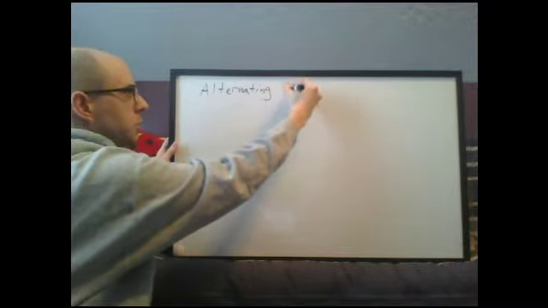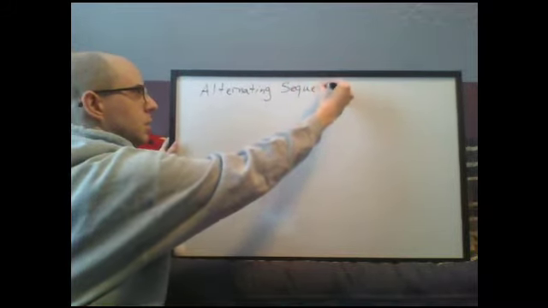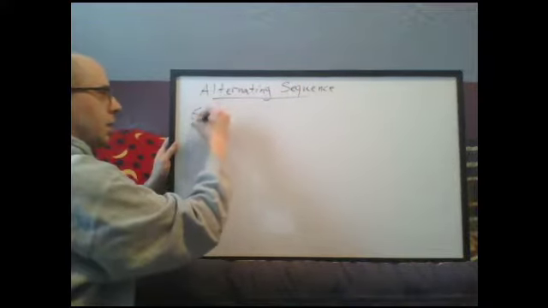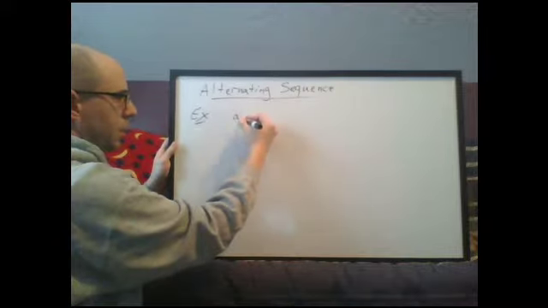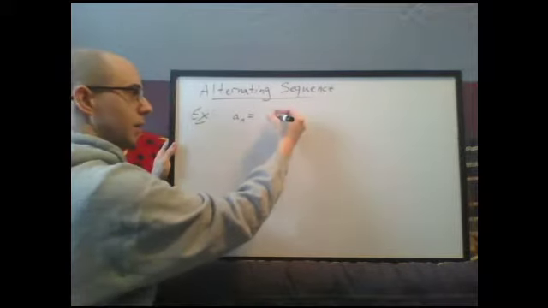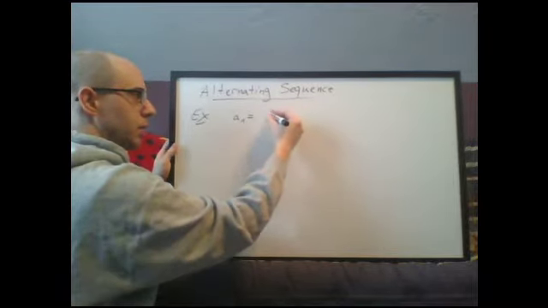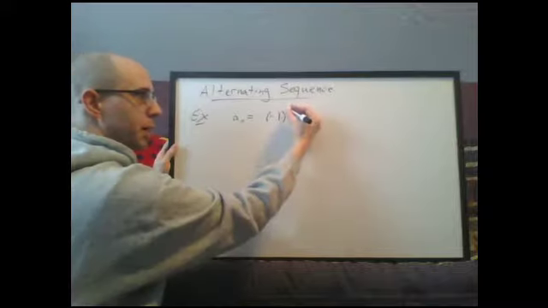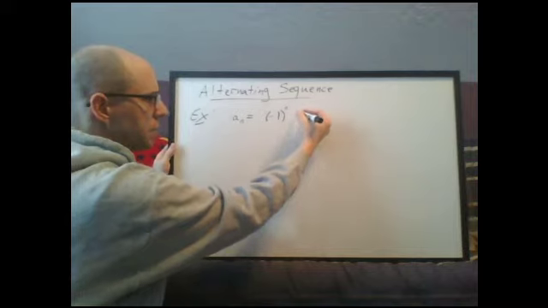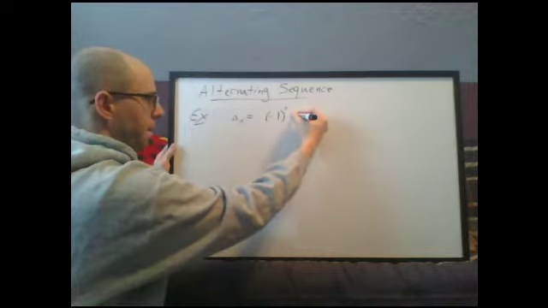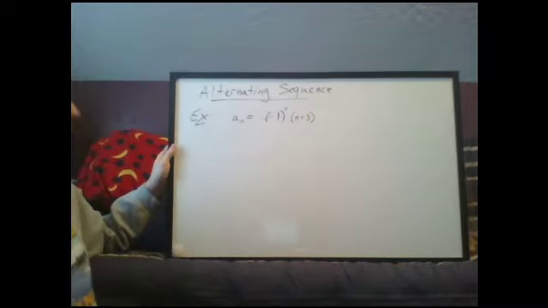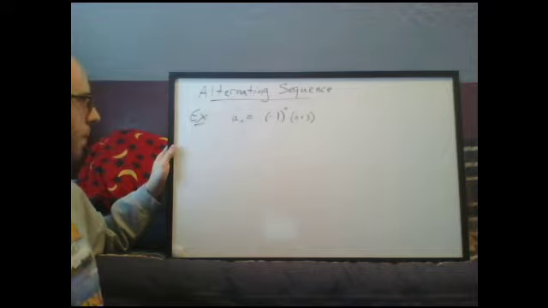We have what are called alternating sequences. So this is just about terminology here. We'll frequently have these sequences where there'll be a -1 or just a negative number raised to a power of n. So -1 to the nth power times something else, say n plus 3, for example.